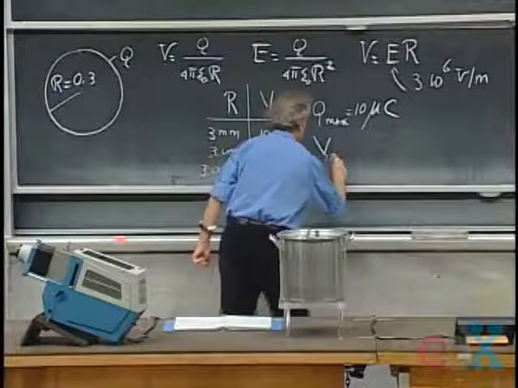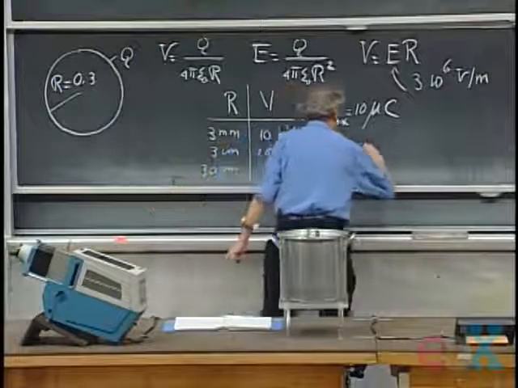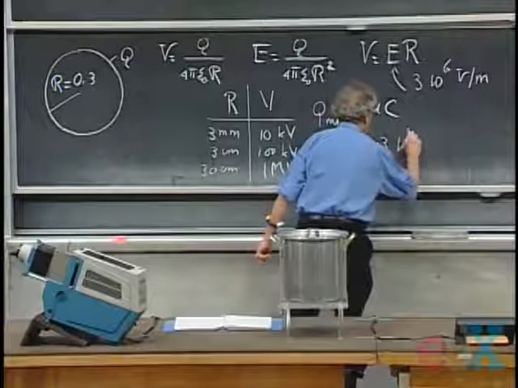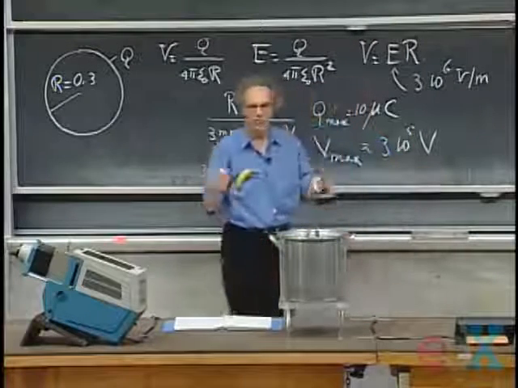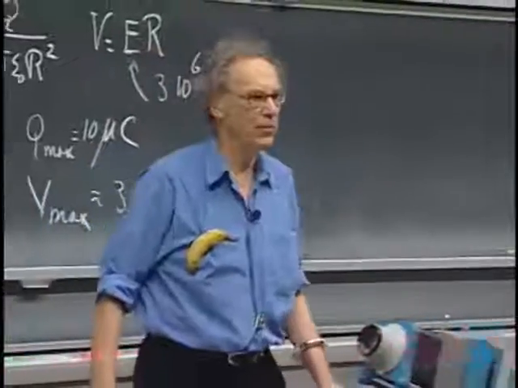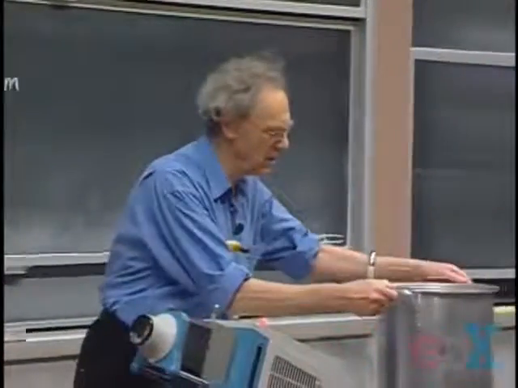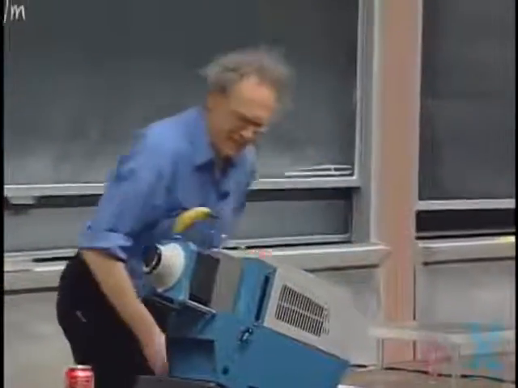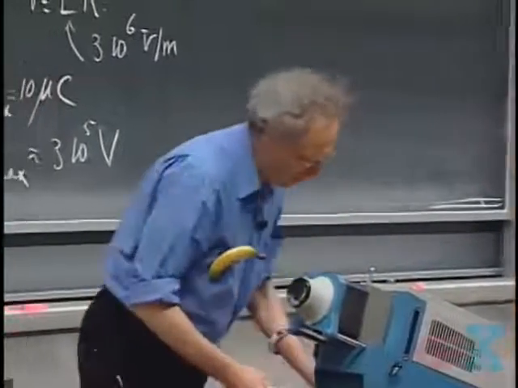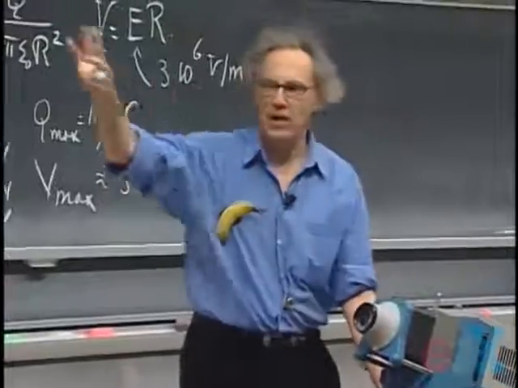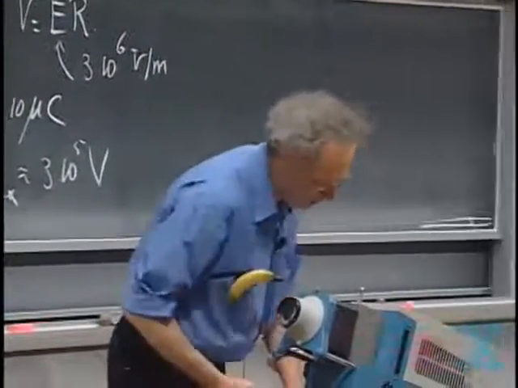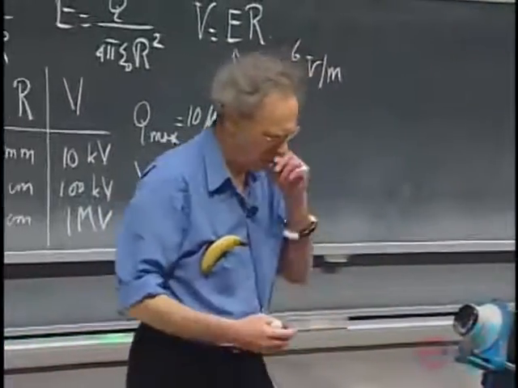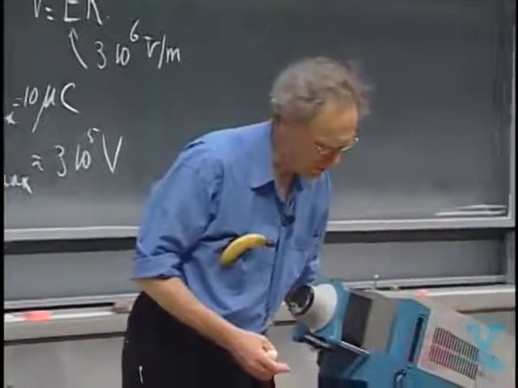So the maximum potential for our Van de Graaff is of the order of 300,000 volts. This gives you a quantitative feeling for numbers, an idea of what our Van de Graaff can do, and later we will understand how the charge gets there. But at least you have some feeling now for the potentials and the charges involved.